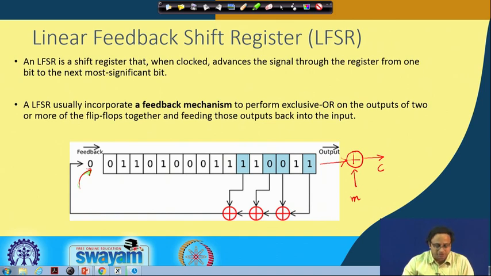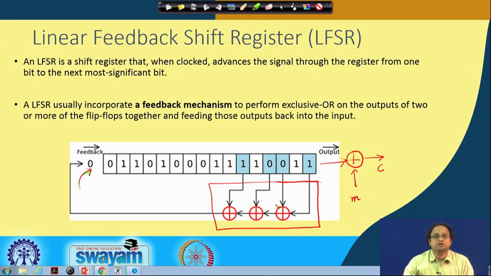Now, for the LFSR, one of the most important things is how you calculate this feedback. As you can see here, this is my feedback generation circuit. There are some XORs that have been used, and the feedback only uses XORs. This is the reason why it is called an LFSR, or linear feedback shift register: it has only XORs, which are linear gates.